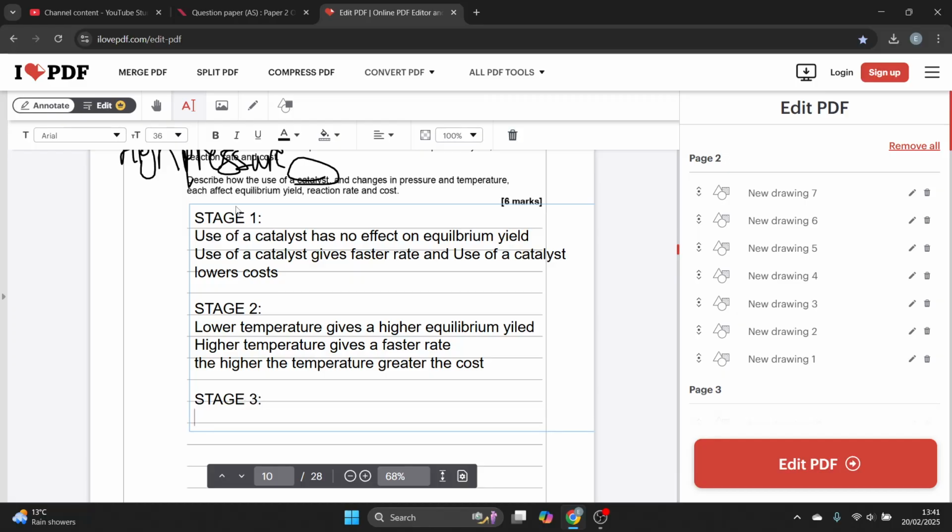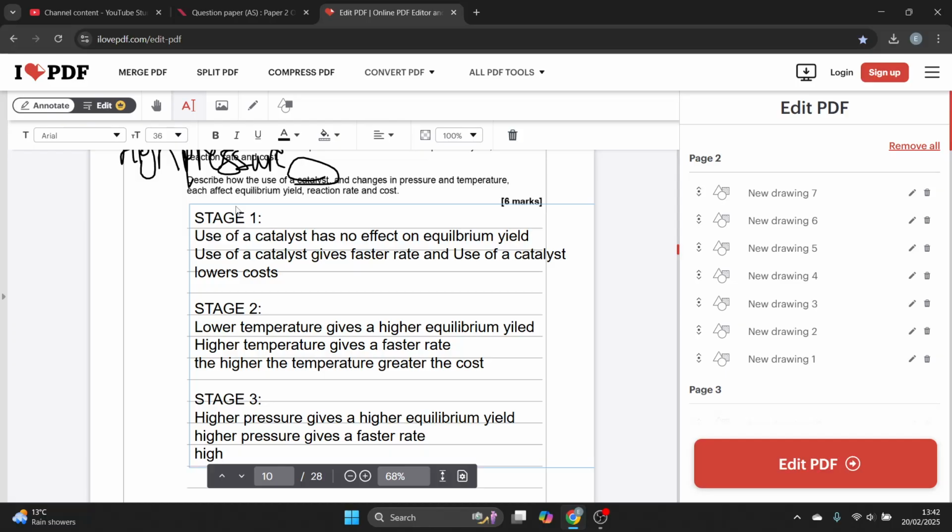Stage 3, pressure. Well, I want high pressure. Higher pressure gives a higher equilibrium yield. Higher pressure gives a faster rate.